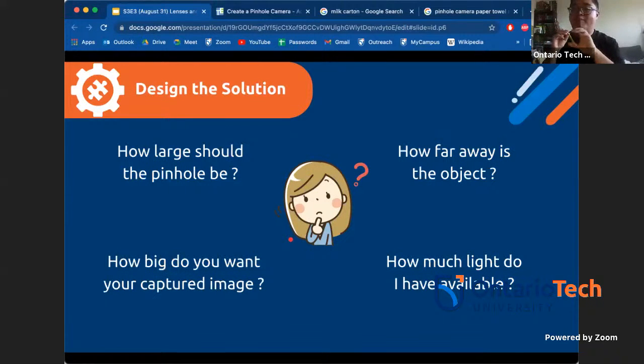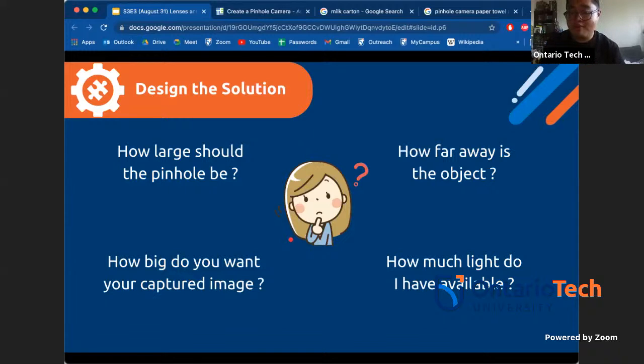I wouldn't want to create a big hole in the beginning, because if you poke the entire pencil through the box, then there isn't a way for you to recreate your prototype if you want to make the hole smaller in the end. So I would start off by creating a small hole, then test it out, see what happens, and gradually make the hole bigger.